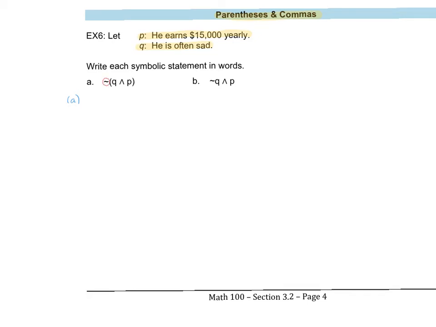So the negation on the outside of the parentheses says that that negation applies to everything that follows. But in part B, the negation is only to the statement Q. So when you see a negation on the outside of the parentheses, the easiest thing to do grammatically is to replace that negation with, it is not true that.